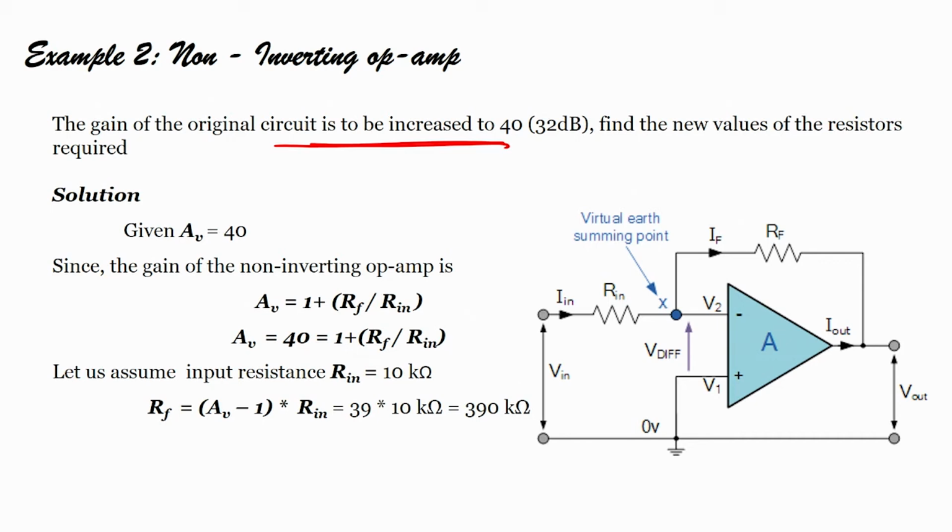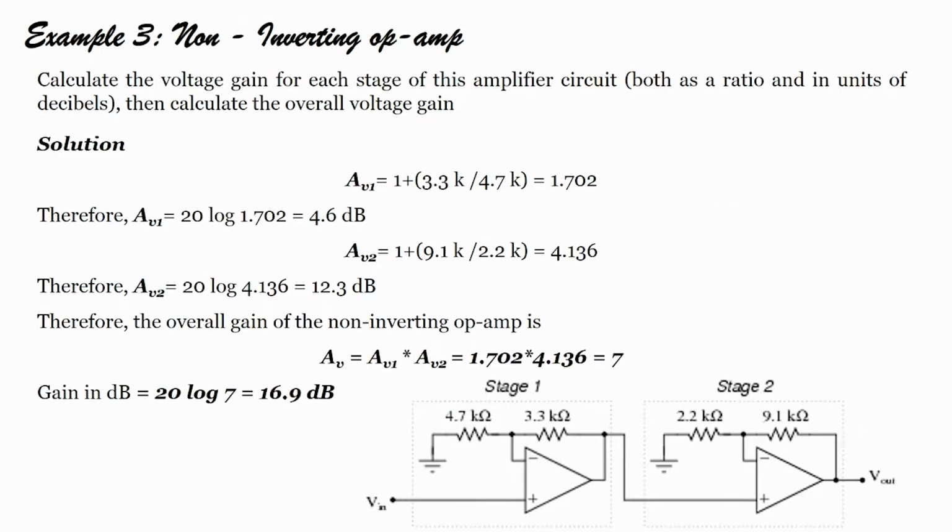Given AV equals 40, we know that the gain AV is 1 plus Rf by Rin, or 40 equals 1 plus Rf by Rin. Rin is 10 kilo ohm. So, Rf can be 390 kilo ohm, right. Rf can be 390 kilo ohm. This is super easy to understand. And that is why let us move to the next problem.